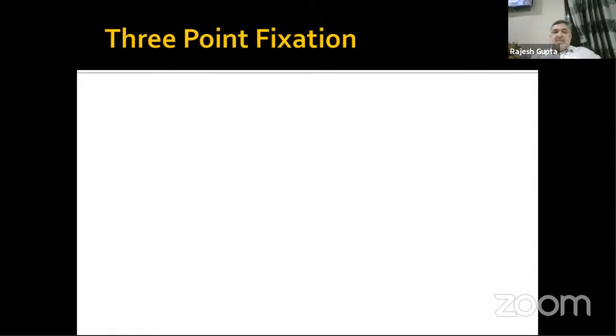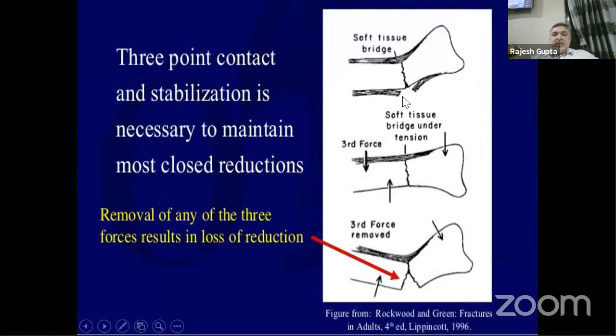Another concept is 3-point fixation. Again, very, very important. 3-point contact and stabilization is necessary to maintain most of the closed reductions. Every bone has a compressible surface and a tensile surface. When there is a bending force that breaks a fracture, the soft tissue on the convex side breaks, and there is a bridge of soft tissue on the concave surface.